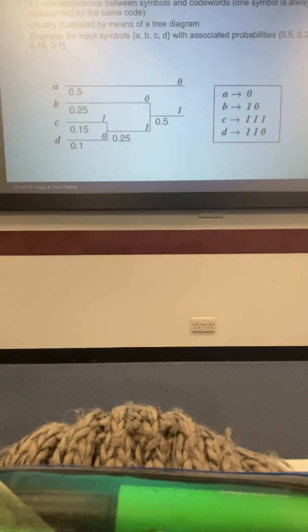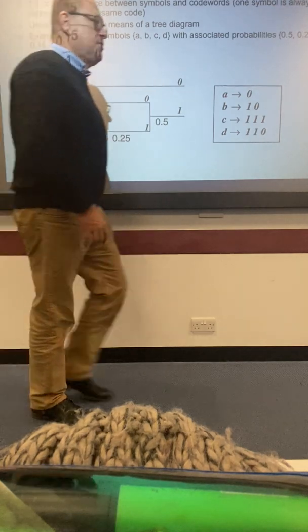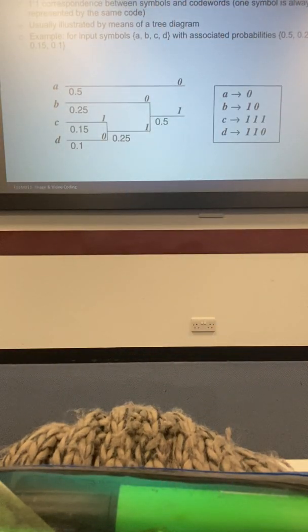Actually, can I please change something? I made it a bit too easy for you. So here it's going to be 0.02, and here it's going to be 0.08. Or no, I'll make it even more difficult. Okay?